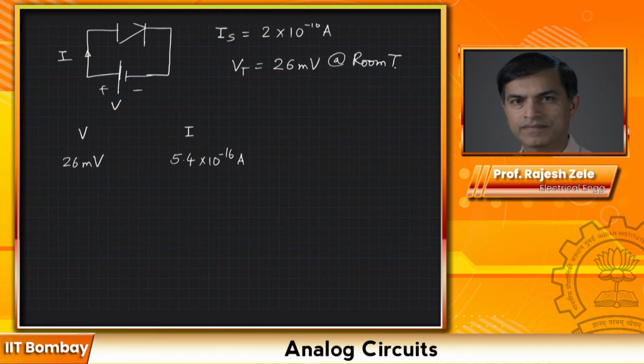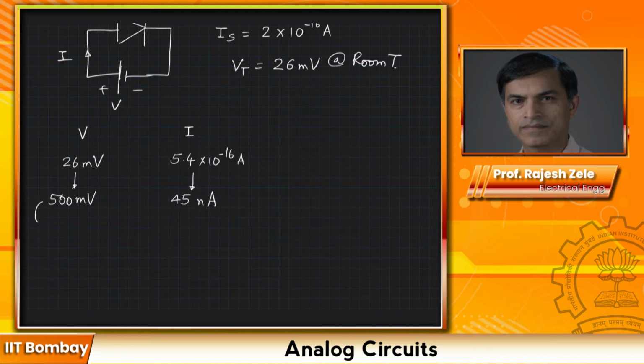It's so small, so tiny. If we change this value to, let's say, 500 millivolts, then still the current value is small. This will become 45 nanoamps, nanoamps, 10 to the power minus 9.